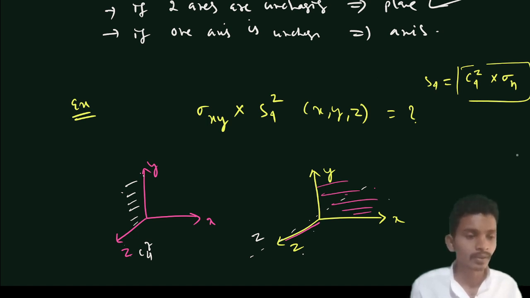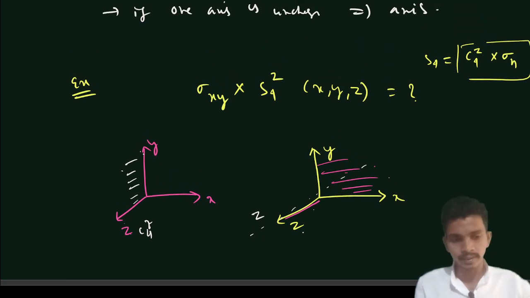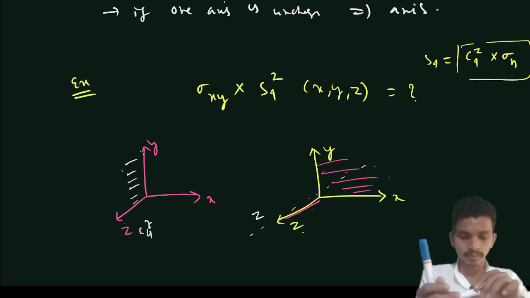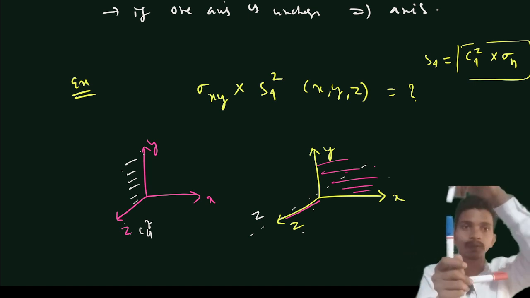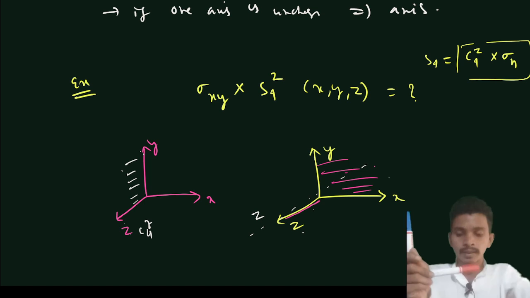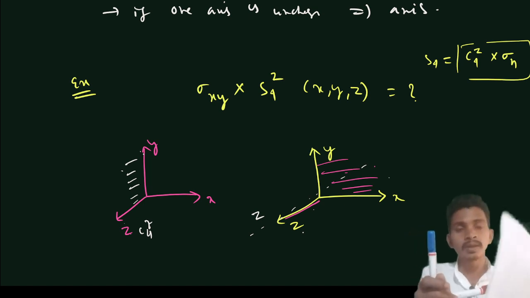So I have to make this clear. Suppose that the axis is passing through this direction, then the plane perpendicular to this axis, because S4 is C4 perpendicular to sigma h.